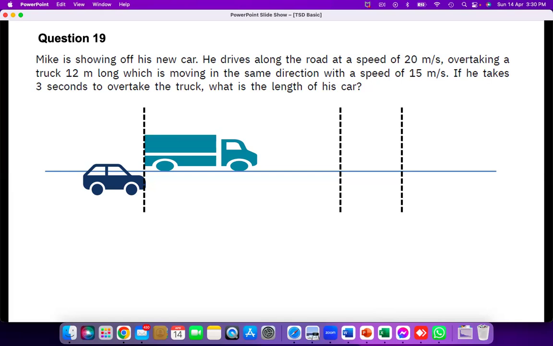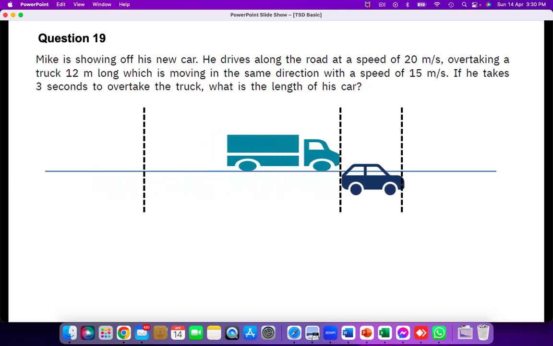See the solution. Okay, what is happening?